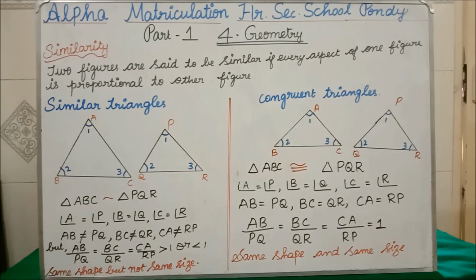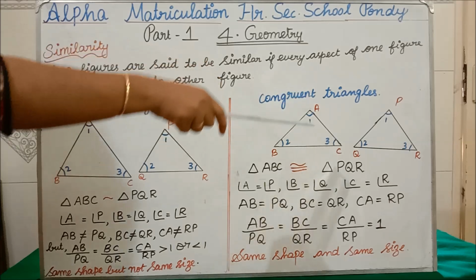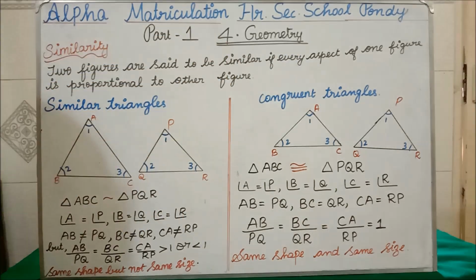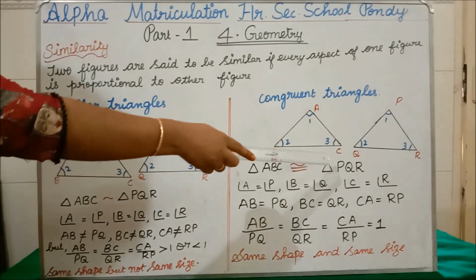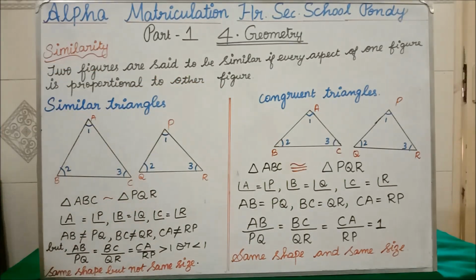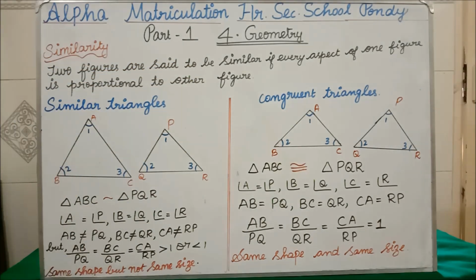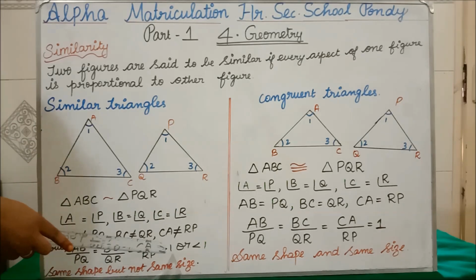Okay. So for AB, what is the corresponding side? PQ. AB divided by PQ is equal to, similarly BC divided by QR is equal to CA divided by RP is equal to 1. Clear all of you? But for similar triangle, this is greater than 1 or it can be less than 1.